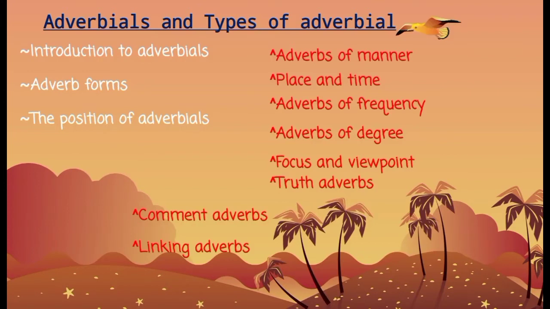Adverbials: introduction to adverbials, adverb forms, the position of adverbials, types of adverbials, adverbs of manner, place and time, adverbs of frequency, adverbs of degree, focus and viewpoint, short adverbs, common adverbs, linking adverbs.